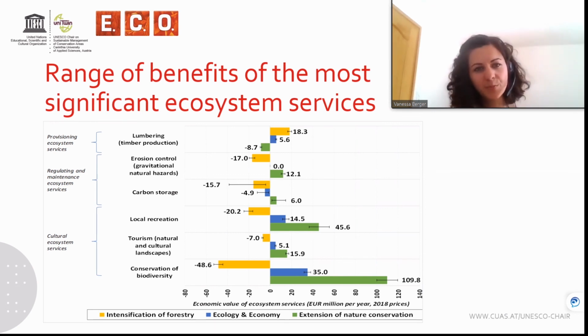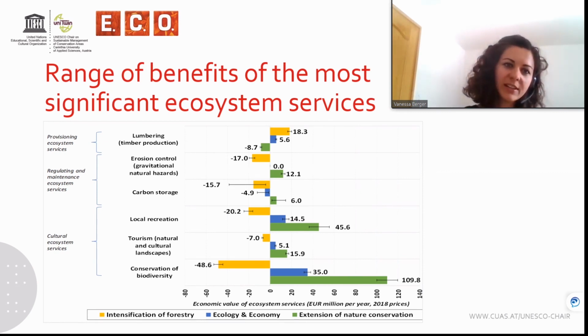And in this project, we got our baseline data from the Austrian Federal Forest. So we didn't assess the ecosystem service in the forest. We just calculated the ecological value, and then we calculated the monetary value.